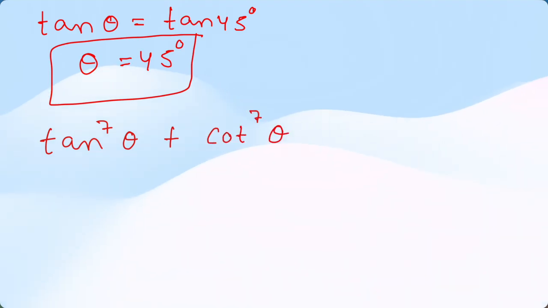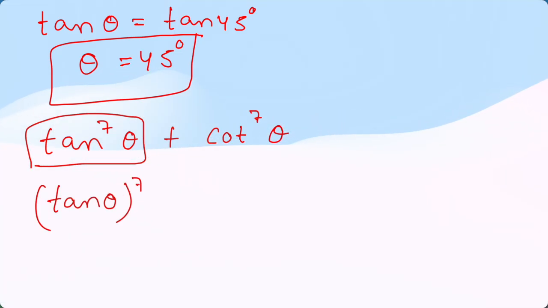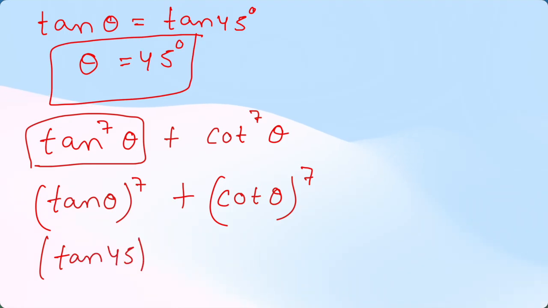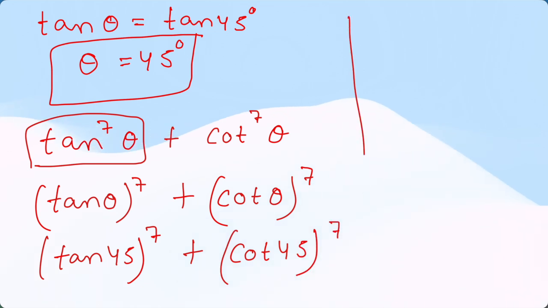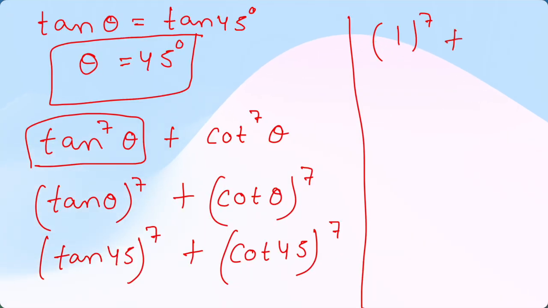What do we know? That theta is 45. I know this can be written as tan theta to the power 7 plus cot theta to the power 7. Clear? Just put the value: tan 45 to the power 7 plus cot 45 to the power 7. What is tan 45? 1. So 1 to the power 7, and cot 45 is also 1, so 1 to the power 7.